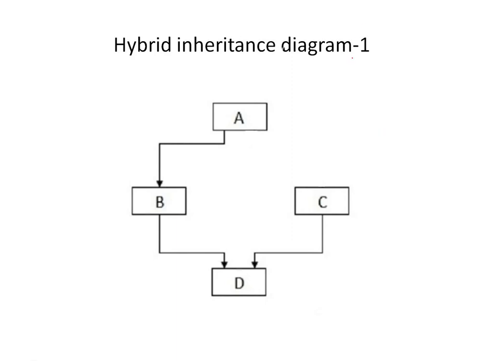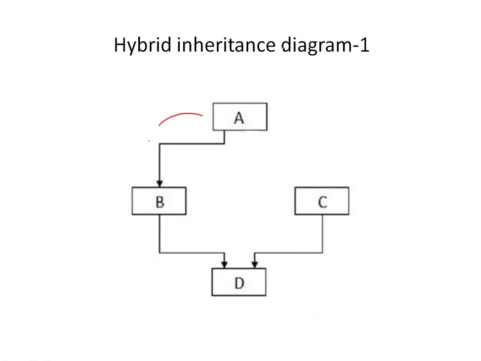Actually, what is hybrid inheritance? It is a combination of two or more inheritances. So here, if you consider the diagram, if you follow the path between the A and B, then it is considered as a single inheritance.